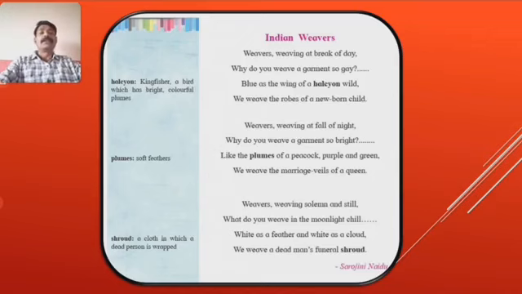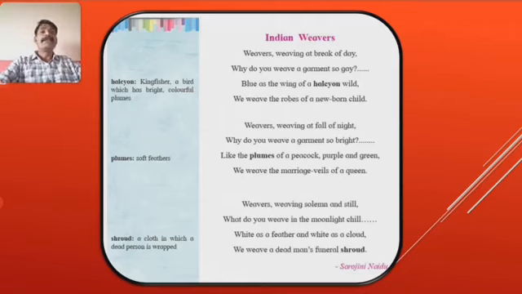Weavers are the people who work on the handloom and interlace the thread, and after interlacing the thread, they make a fabric out of that. Weaving is the process of interlacing thread into fabric.